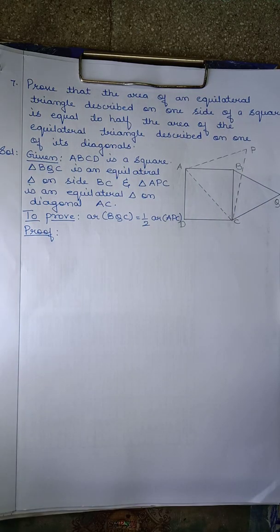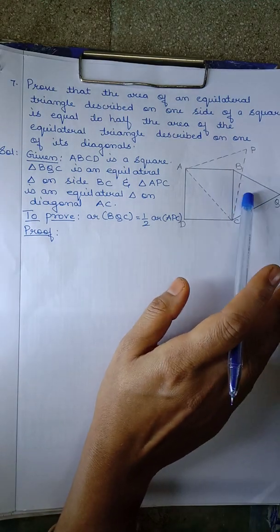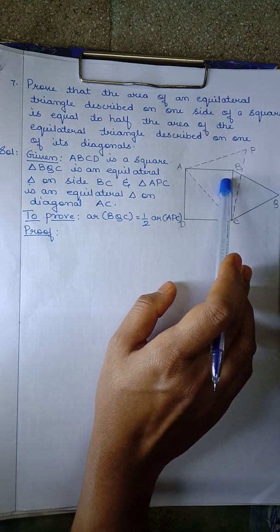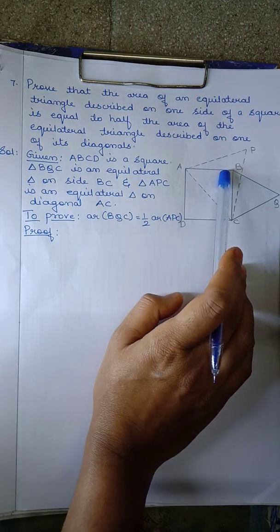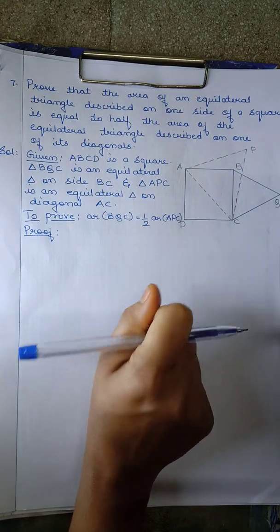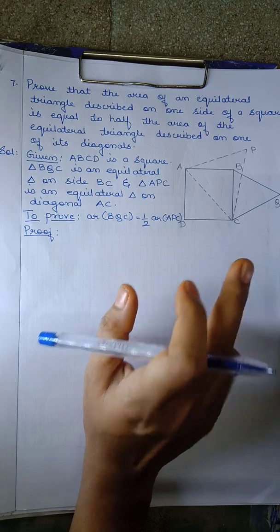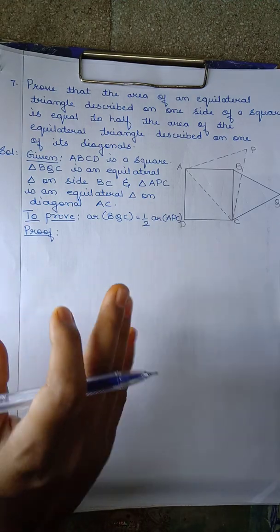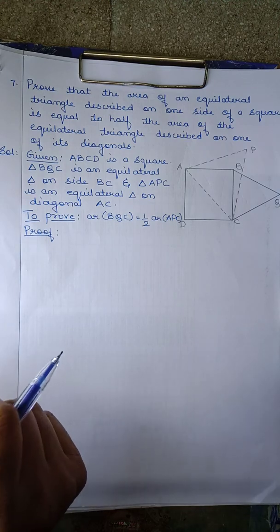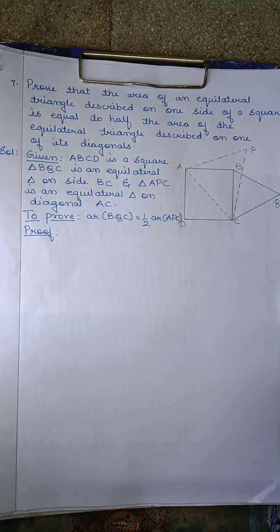Now to prove this, firstly we must know that two equilateral triangles are there, BQC and APC. Now we have learned in the beginning of this triangle chapter that two equilateral triangles are always similar to each other, because in an equilateral triangle all the three angles are equal to 60 degrees. So therefore any equilateral triangles, all the three corresponding angles will be equal to 60 degrees.